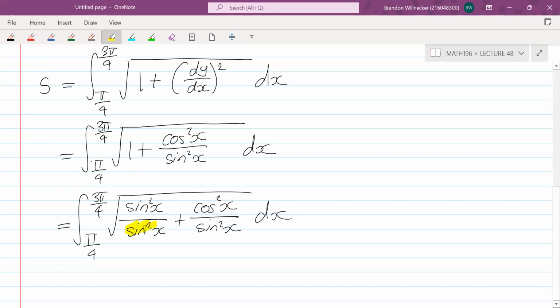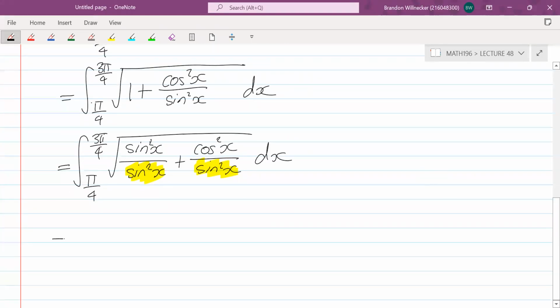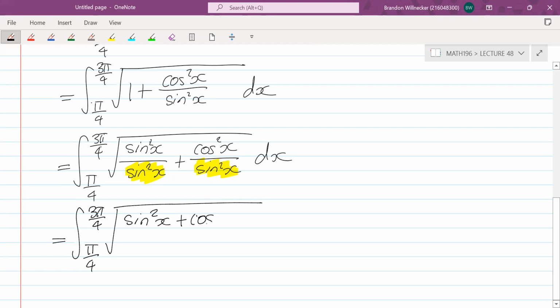So I just did that to make the denominators the same. Okay, because if the denominators are the same, then we can just add the two fractions together. So this will be the integral from pi over 4 to 3 pi over 4, square root of, now in the numerator, we get sine squared x plus cos squared x. In the denominator, we just get sine squared x.